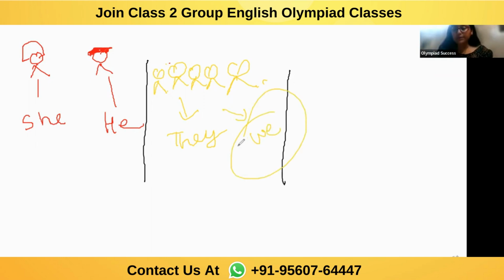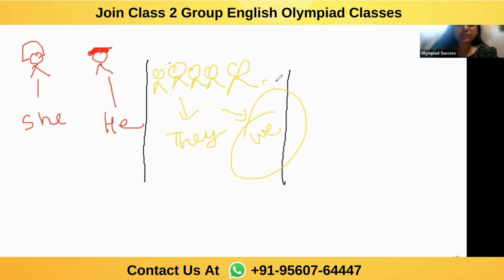For example, if some children are playing, I can say they are playing. But if I also play with those children, we can say we are playing together.